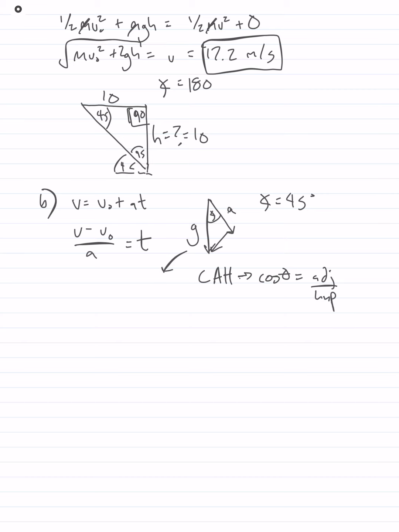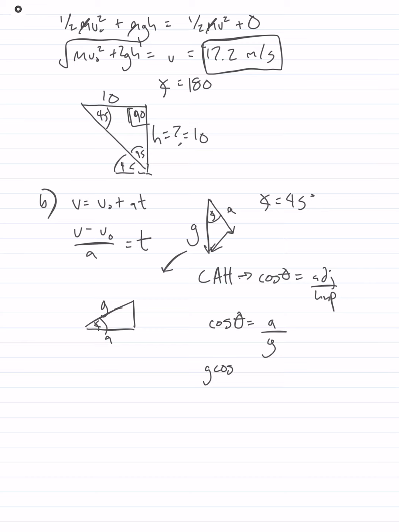Now, if you quickly redraw this to make it look a little easier to conceptualize, this being g, this being a, this being the angle. So the adjacent is going to be a, while the hypotenuse is going to be g.